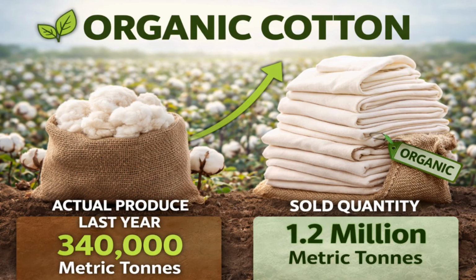As per the last available statistics, the actual produce of organic cotton in 1 year is 340,000 metric tons, whereas the sale in the name of organic cotton is almost 1.2 million metric tons, 4 times more than what is being produced. So you can imagine what's happening with the remaining 75%. It's all fake, and you pay a premium price for that.